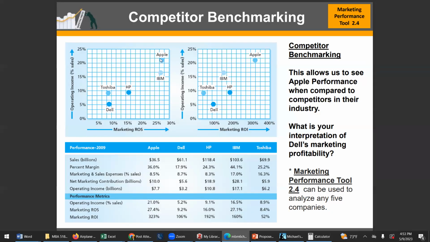So here you can see that Apple, when you look at their marketing return on sales and operating income, has a wonderful relationship between marketing ROI and operating income. Less so for Dell. IBM, some of you may have never heard of.